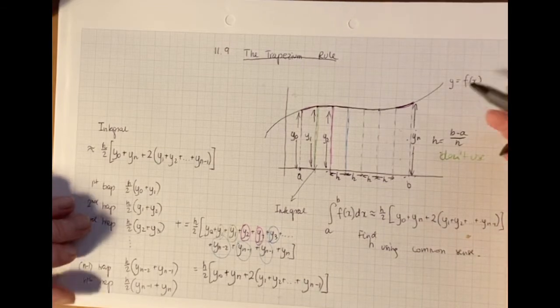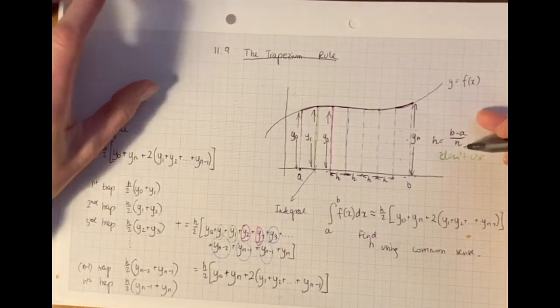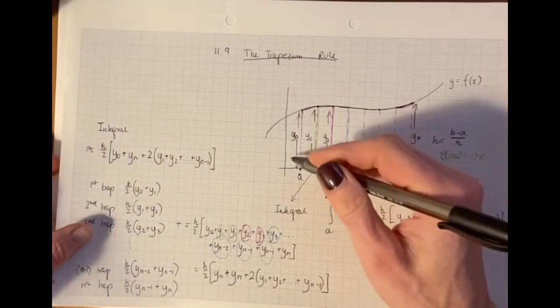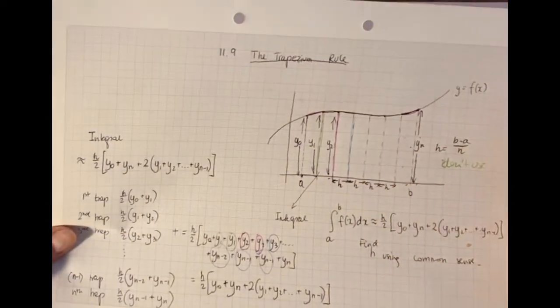So therefore n is the number of trapezia, not the number of x values involved in the question.